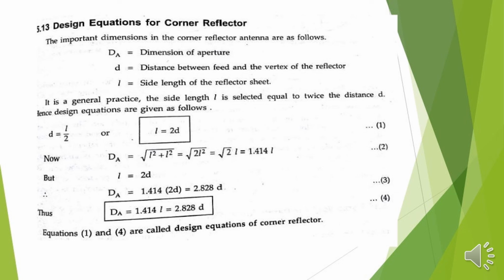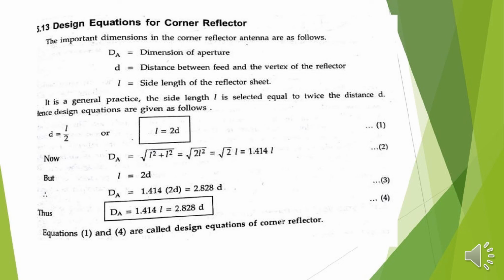Now coming to the design equations of the corner reflector antenna, the important dimensions are as follows: dA is the dimension of the aperture, d is the distance between the feed and the vertex of the reflector, and L is the side length of the reflector sheet. So d is equal to L by 2, or L is equal to 2d. dA is equal to root of L squared plus L squared, which is 2L squared.